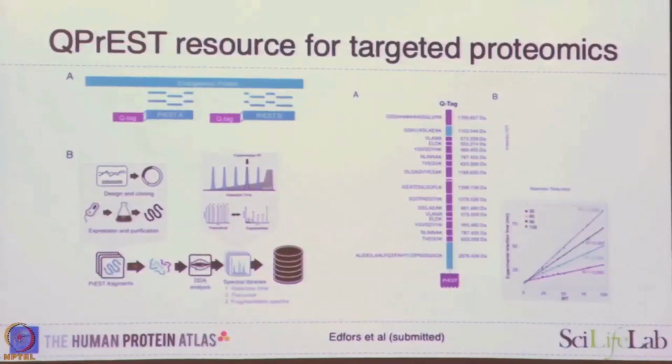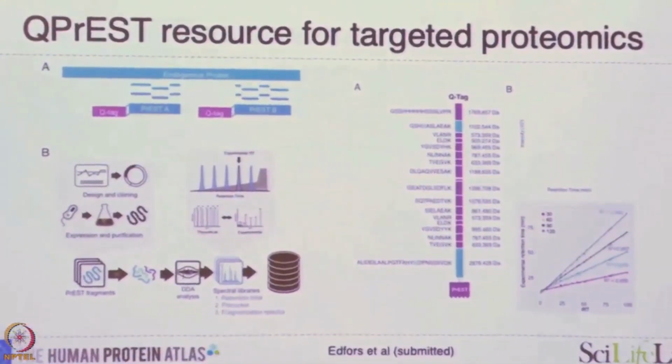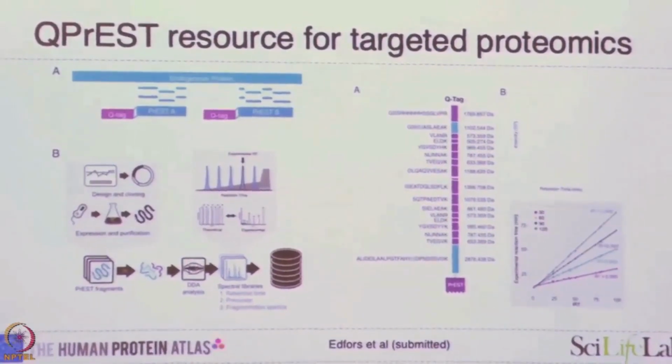And the reason is because we have these constructs. So here you have the endogenous protein, and then we select these unique regions we call PrESTs. And all these PrESTs by default carry a tag which we initially used for protein purification. But nowadays, this is a fantastic tag to do quantification of that specific standard, right?